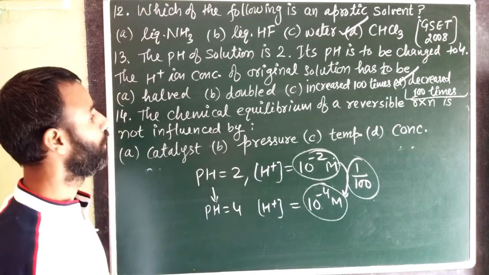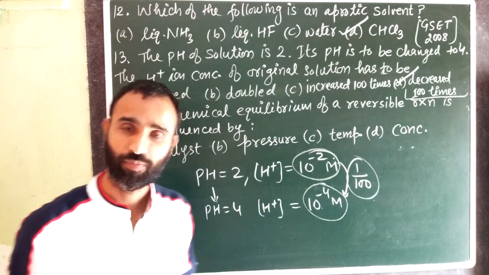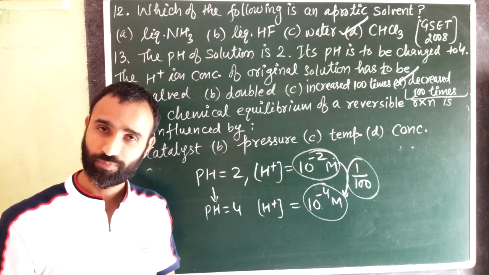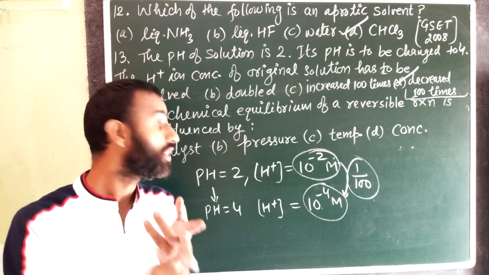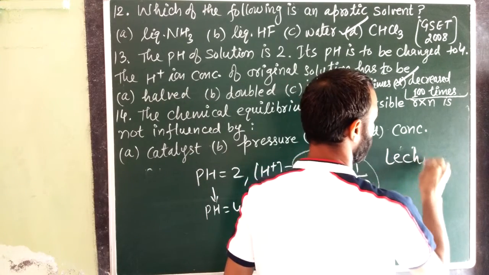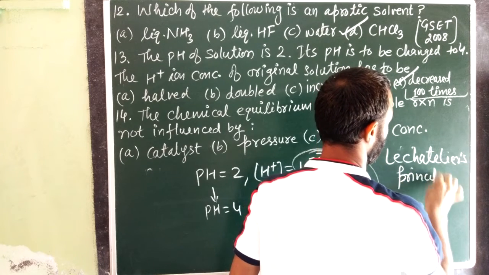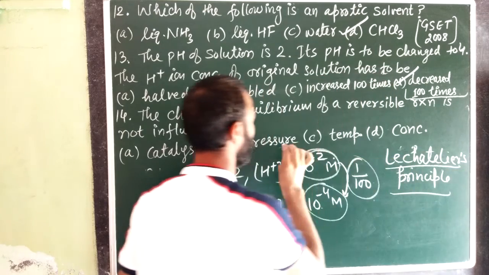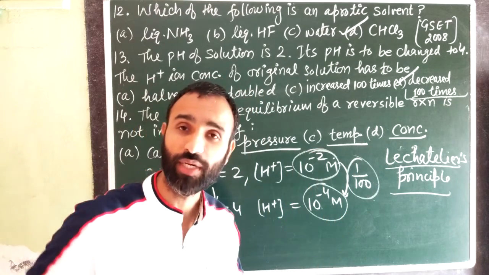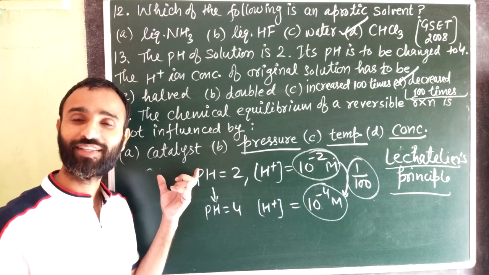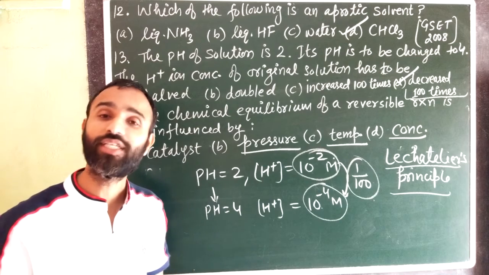Okay, now next: chemical equilibrium of a reversible reaction is not influenced by, you know, there is an effect of concentration, there is an effect of temperature, endothermic exothermic reactions. You have to apply Le Chatelier's principle, everything will come in it. Effect of concentration will come, effect of temperature will come, effect of pressure will come. But what does a catalyst do? It fastens the rate of attainment of equilibrium, but it does not influence equilibrium.